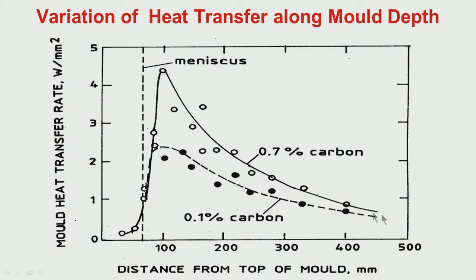Then what it is showing is two different steels, one is 0.7% carbon and the other is 0.1% carbon. As I was telling you, the steel grade plays a very important role in heat transfer. Slowly you will try to understand why it happens. So, for 0.1% carbon, the heat transfer is relatively less, not only at the peak but along the mold also, compared to 0.7% carbon.